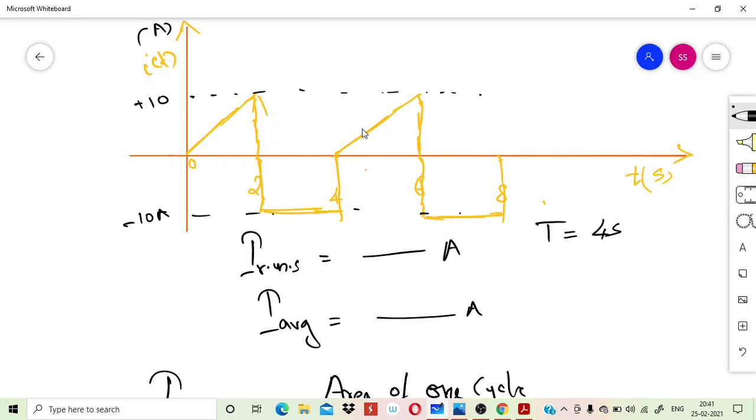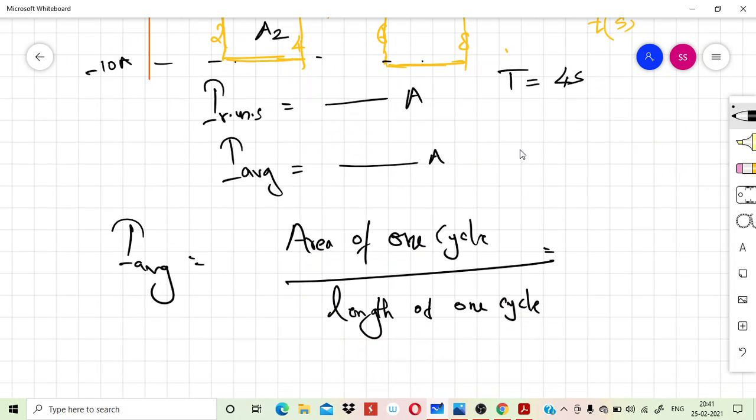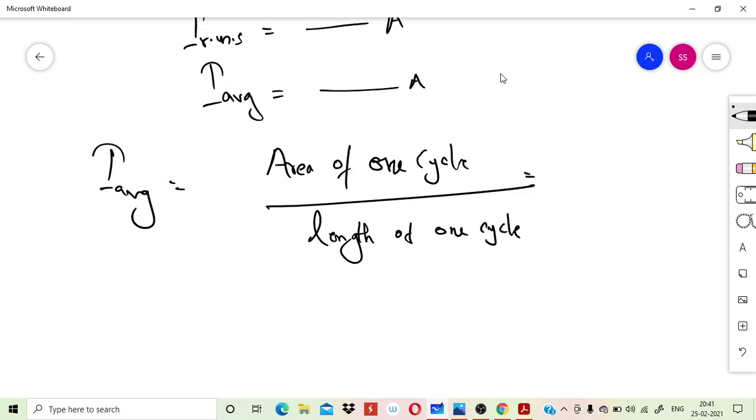Okay, and for the area I have A1 and A2. So the formula will be A1 plus A2 divided by length of one cycle, that is T, the time period of the waveform.